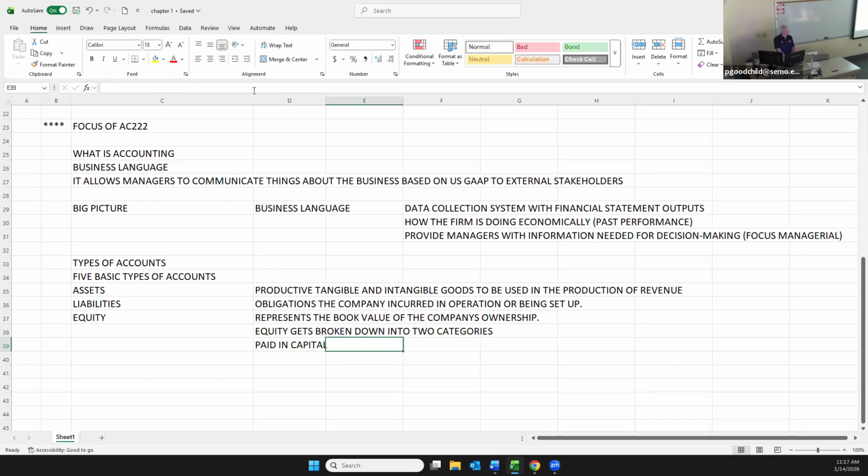And this is typically stocks. So some of the types of stocks you'd see would be common stock, preferred stock, treasury stock.